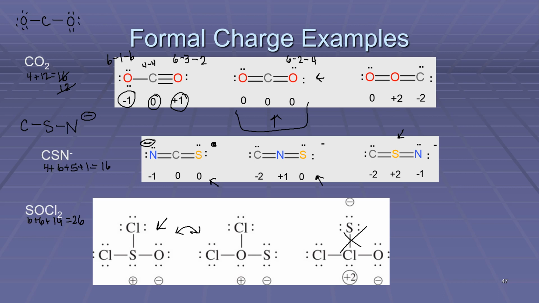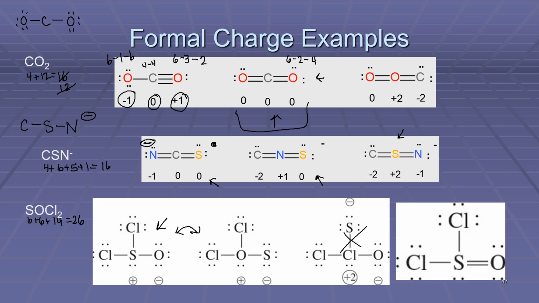And if we make a double bond between the O and the S, we actually have all 0 formal charges, because now sulfur is 6 minus 4 minus 2, so it has a 0 formal charge, and oxygen is 6 minus 2 minus 4, so it's 0.